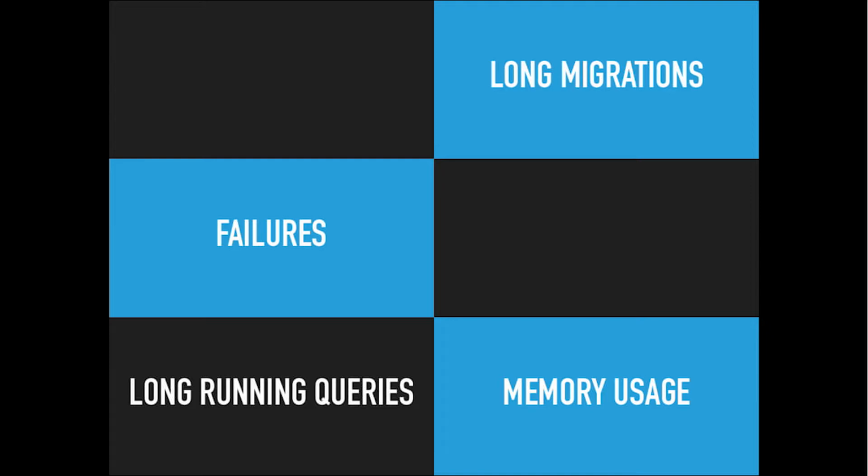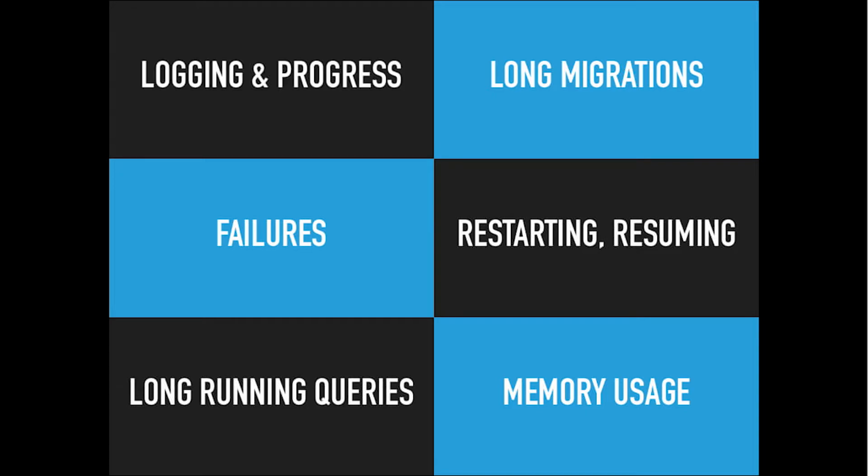But in the context of a large data set, it can simply fail because of timeouts, or the database server went away, or we have network issues, or something else that's going on which is preventing us from completing that particular task. So we need some way of resuming or restarting the process of migrating that data. And we probably also want something to alert us to where we are, how we're doing: logging, progress reporting.